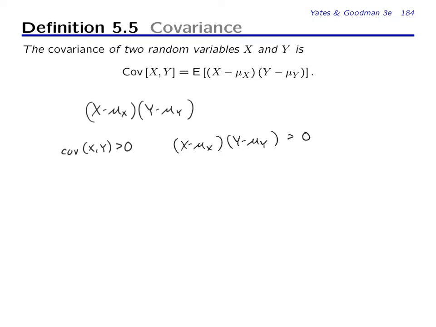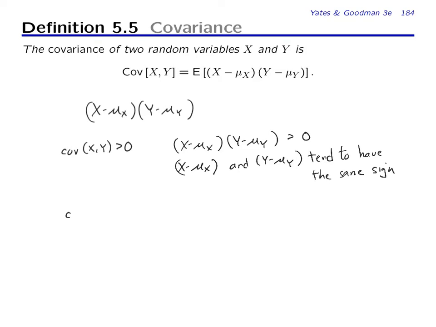But the way this occurs is that X minus mu X and Y minus mu Y tend to have the same sign, because the product is positive if the two terms are either both positive or both negative.